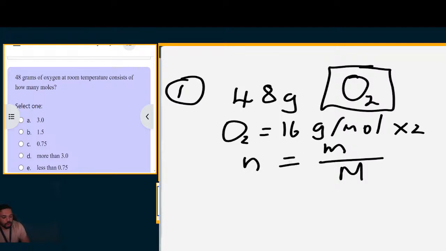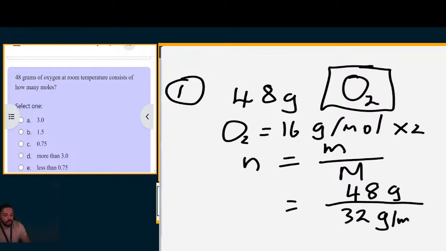So if you want to calculate the number of moles in this 48 grams of oxygen, we say 48 grams of oxygen divided by 32 grams per mole. If you do dimensional analysis, the grams will cancel out and your answer will be in moles, which is what we want.